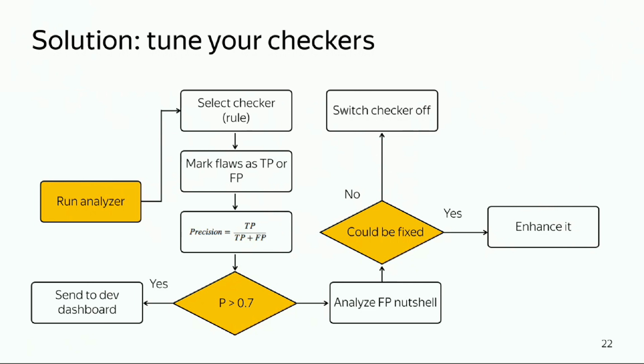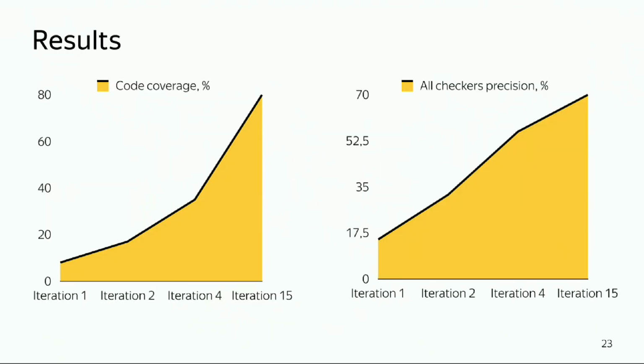If it was our own static analysis tool, we tuned it ourselves. If it wasn't possible to fix the rules, which sometimes happened, we just switched them off. As you can see, our tuning work was very useful. After about 15 iterations of this process, we could increase the precision from less than 20% to 70%.